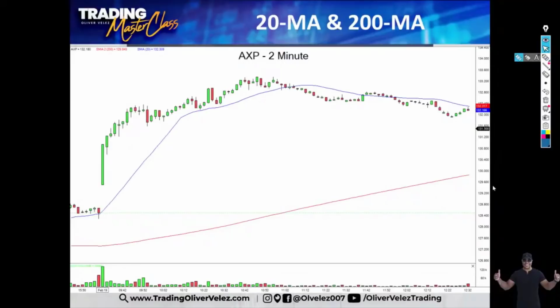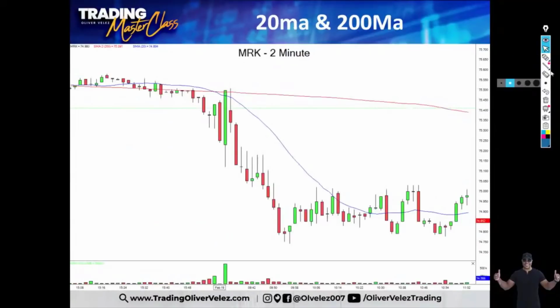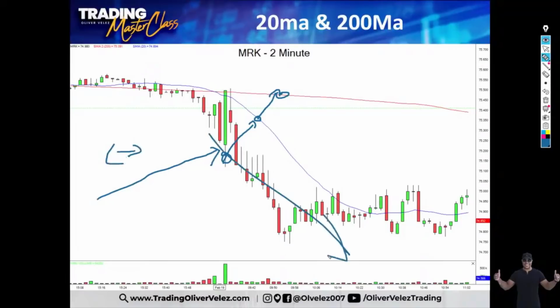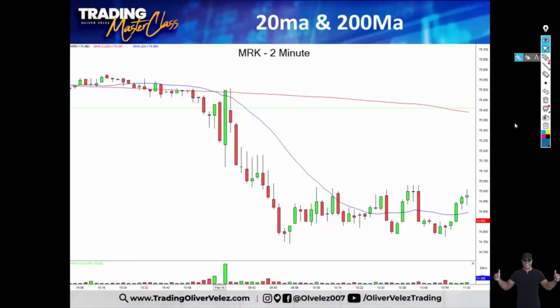If it's below those moving averages, stock below the 20, 20 below the 200, we're in negative territory, which suggests more negativity. All right? That's the concept of position.